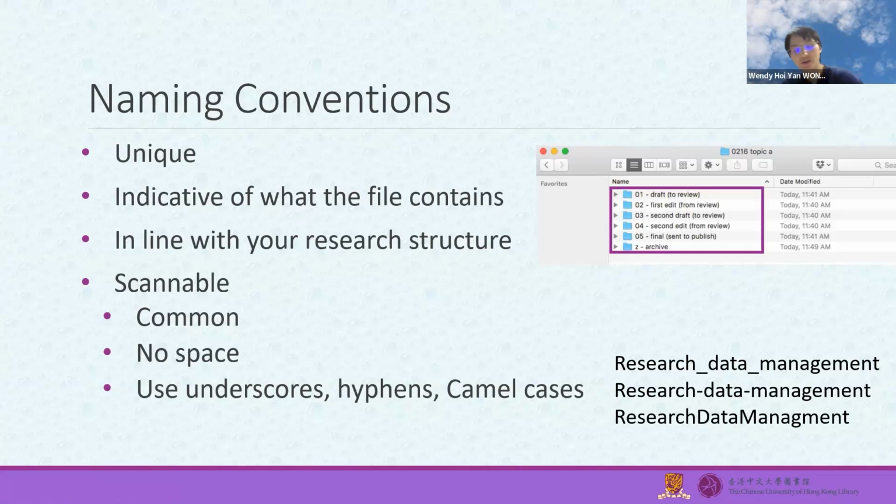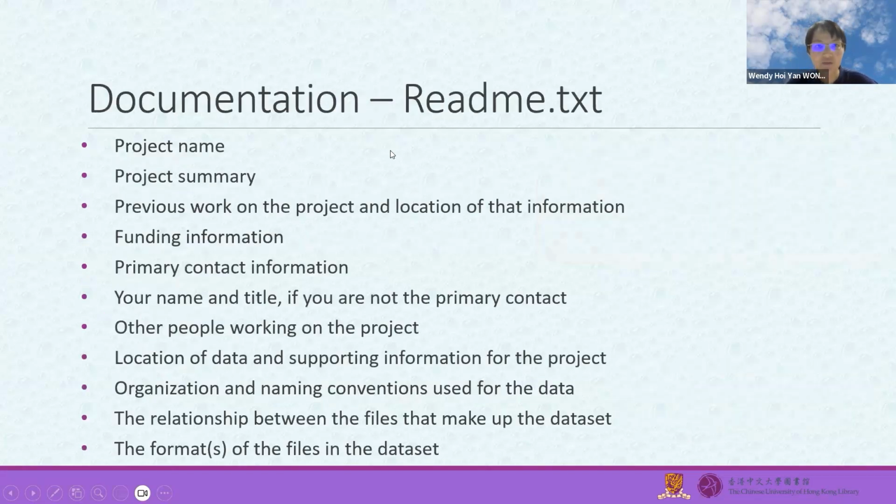For example, if you are using the command line, then spaces will give some kind of problems. To work on other OS, it is good to use underscore, the first one, the hyphen, or camel case like this.